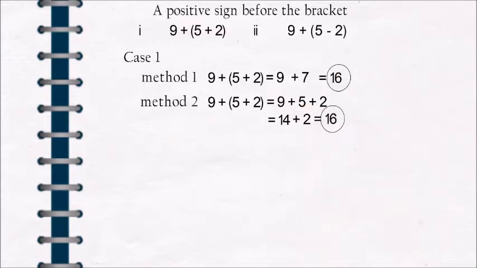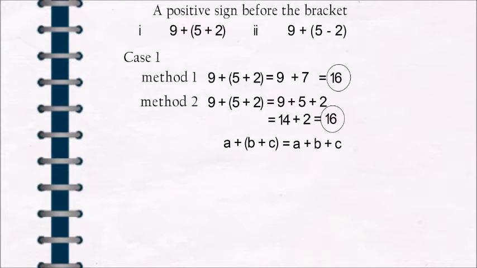What this means is that 9 plus open bracket 5 plus 2 close bracket is the same as 9 plus 5 plus 2. So using alphabets, we could say that A plus open bracket B plus C close bracket is equal to A plus B plus C.